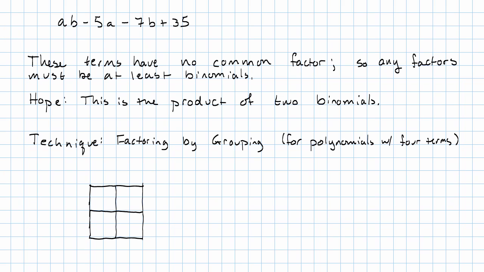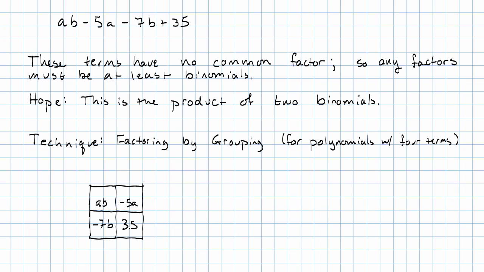When we're setting up the area model, we have to choose how to put our terms into boxes. We should try to choose so that terms in the same row or column have some common factors. So I'm going to choose to write this so that my terms in my first row have an a in common, and my terms in my first column have a b in common.